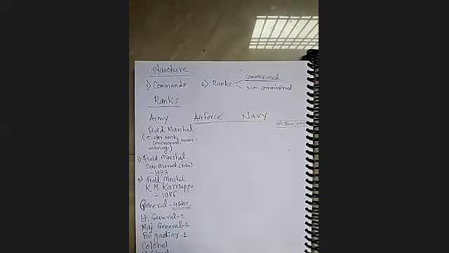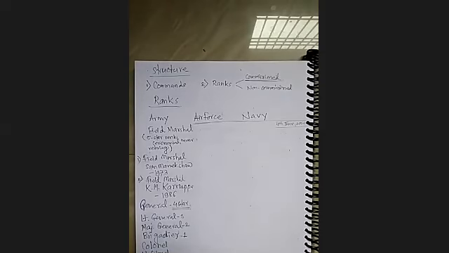Then we decided to go through the structure of armed forces, and there can be two ways in which we can understand the structure of armed forces. First we can consider the commands, and second we can consider the ranks. So we have considered the ranks.